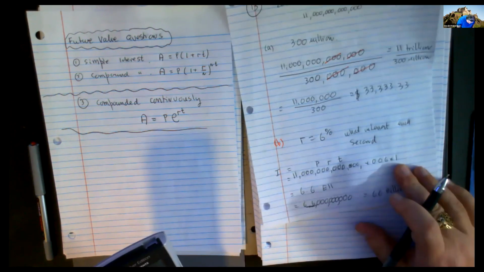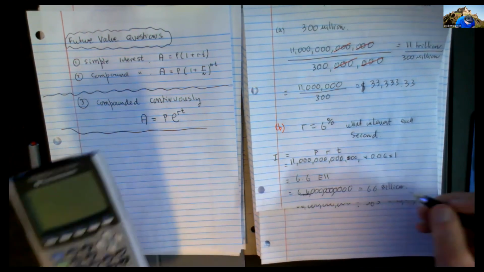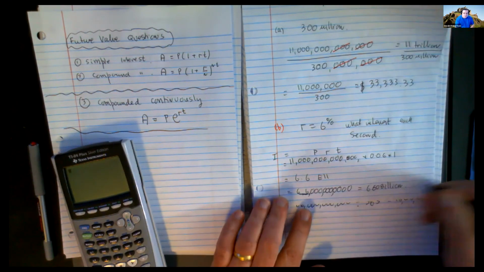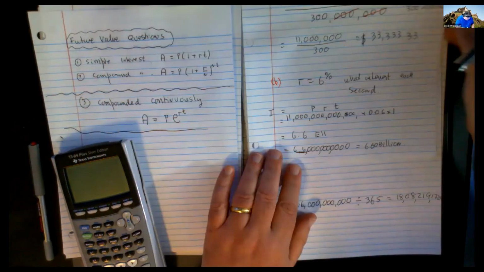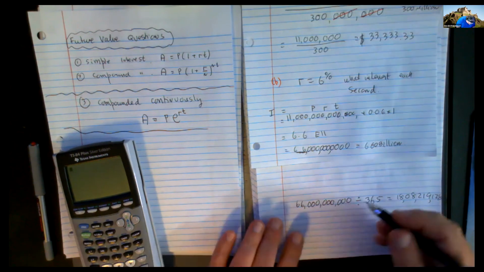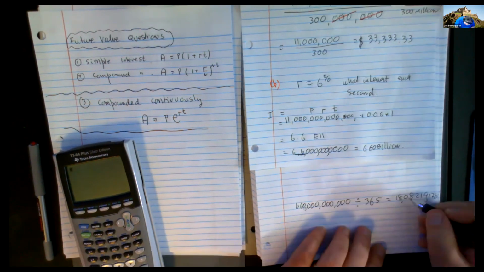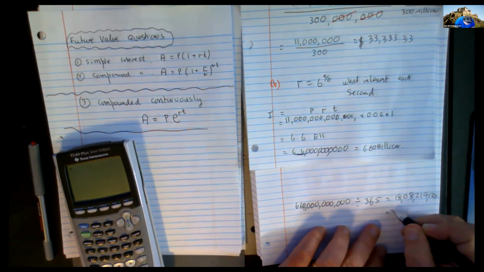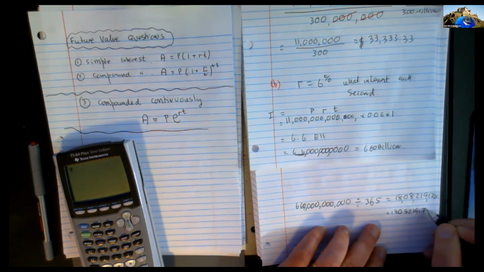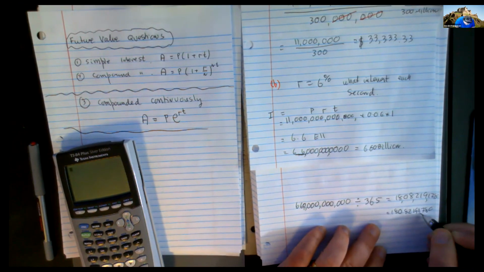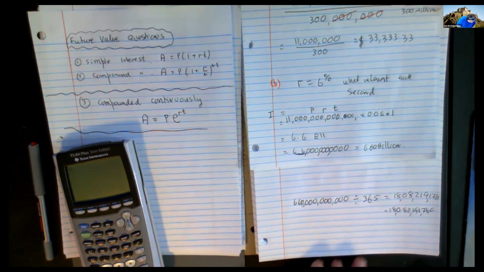I think I missed a zero. 3, 6, 9, I did. It's 660 billion. Wow, that's scary. 660 billion, that means I need an extra zero, which means I need an extra zero here. So 18,082,191,780. So 18 billion a day.